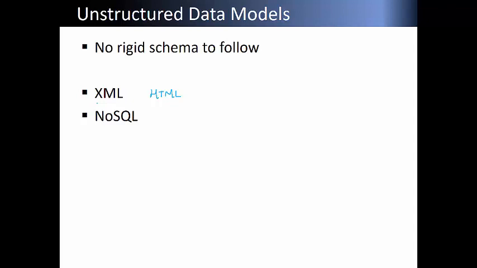XML is much more advanced than HTML. Originally, the superclass of both HTML and XML is GML. GML was defined in the 1950s, 1960s.